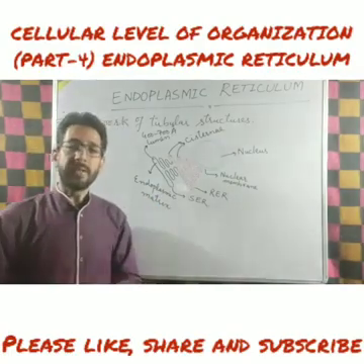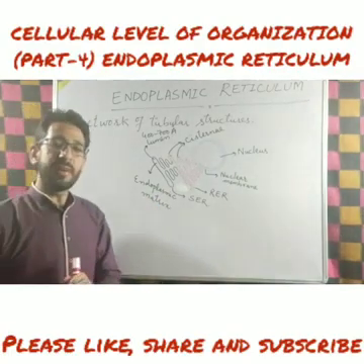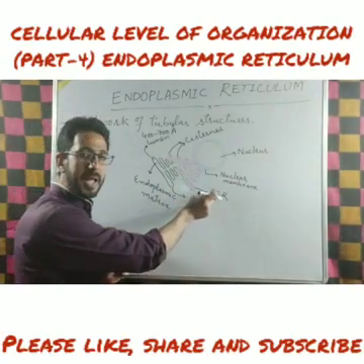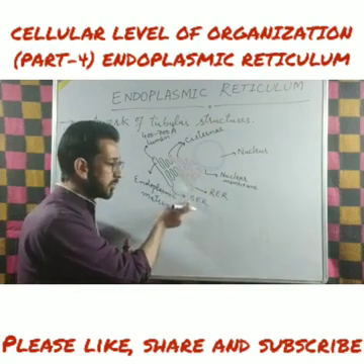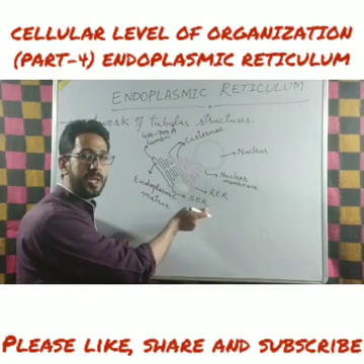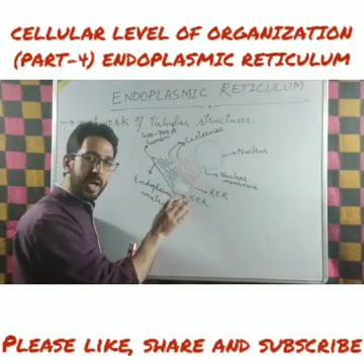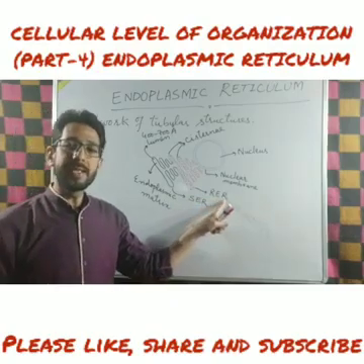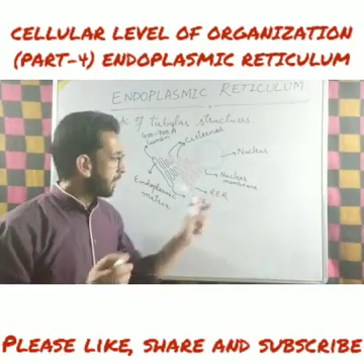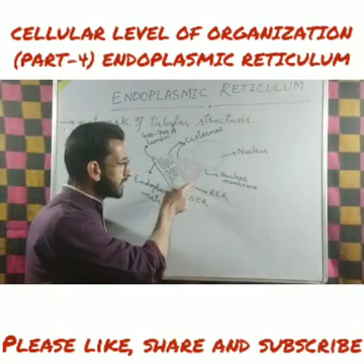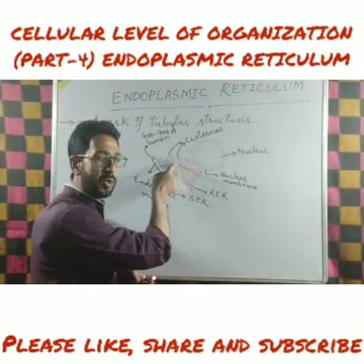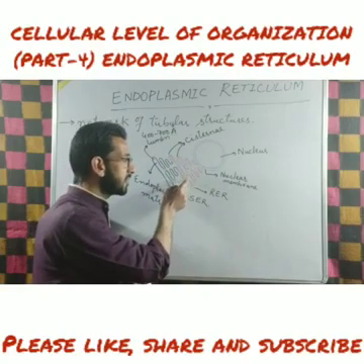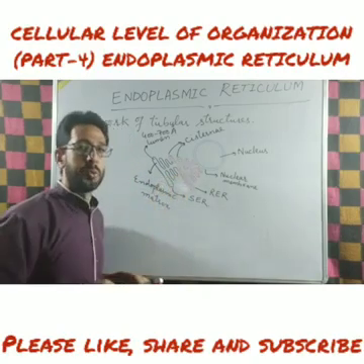Fine. Now, this endoplasmic reticulum we divide into two types. One is called rough endoplasmic reticulum, and the second is smooth endoplasmic reticulum. Okay, which are simply called RER and SER. Fine. Rough endoplasmic reticulum is called rough because you can see small granular structures present on its surface. Okay, and these dotted structures are called ribosomes.